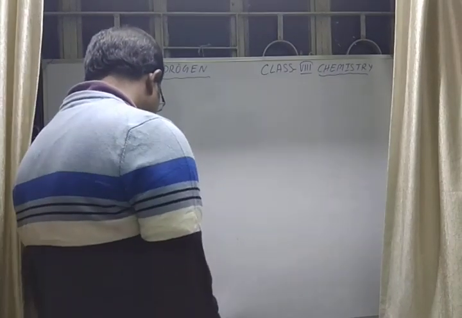In today's video lesson we will discuss the industrial process or industrial method of preparation of hydrogen, that is called the Bosch process. Very important.